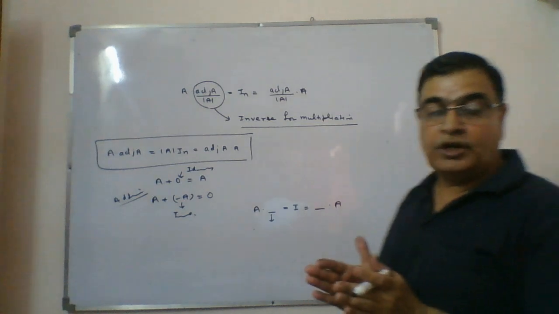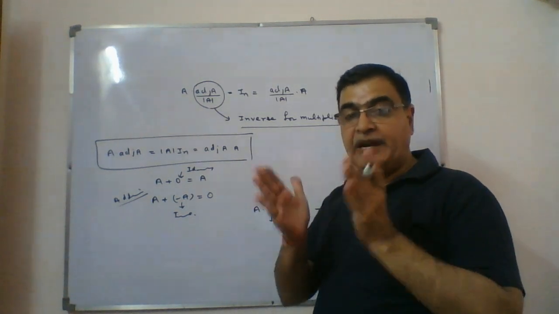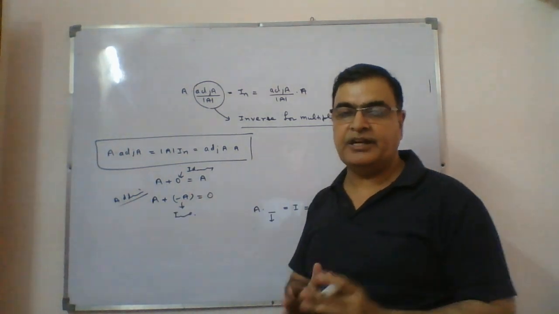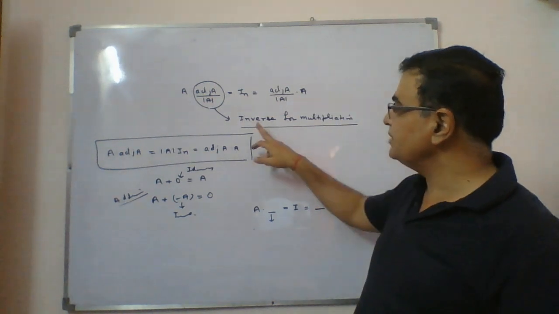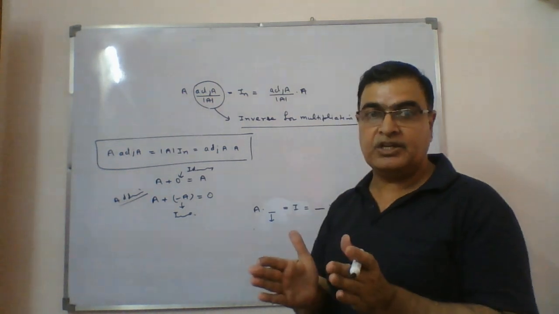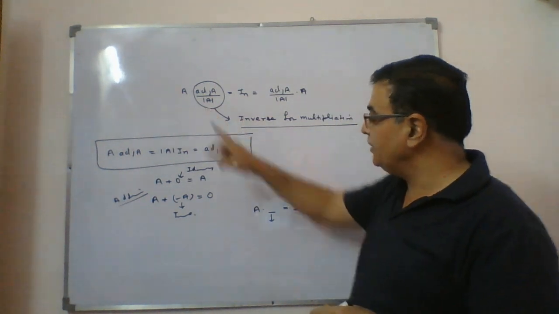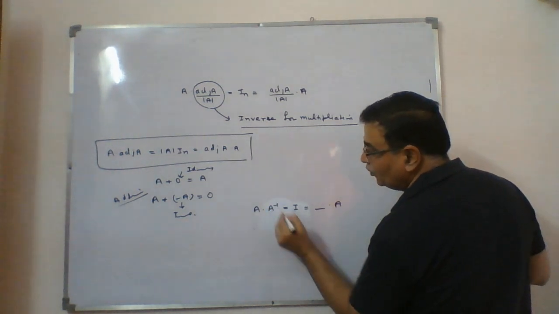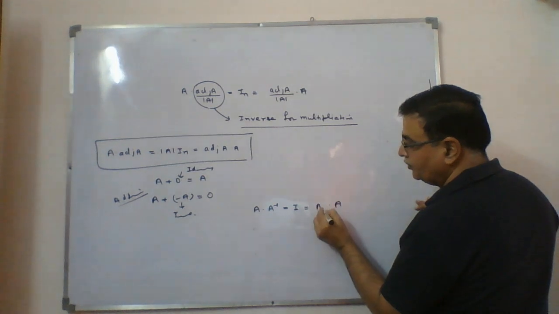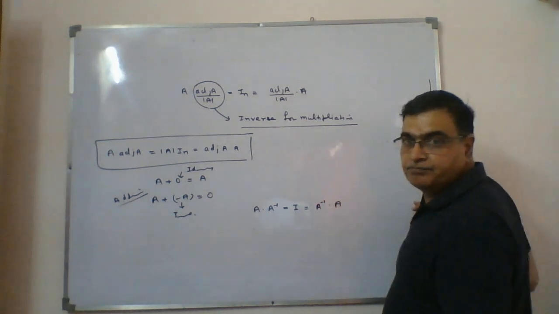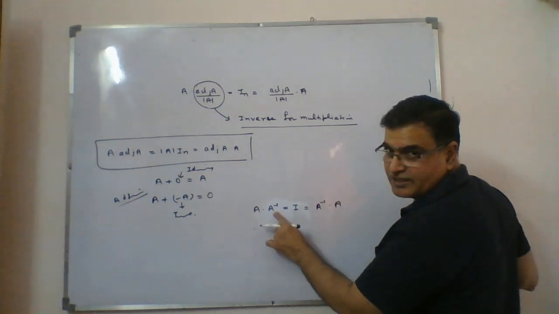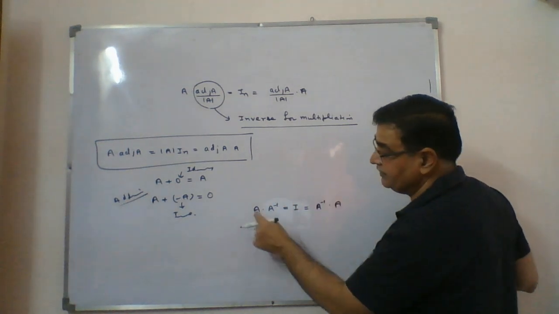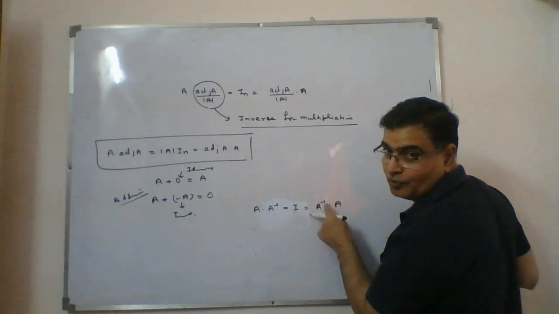So whenever you want the inverse of a matrix, a square matrix, every time I told you that we should check it is square. Whenever we want the inverse for multiplication, we denote it by A inverse. Why do we write A inverse? Because in numbers, A and 1 by A cancel out and give 1.